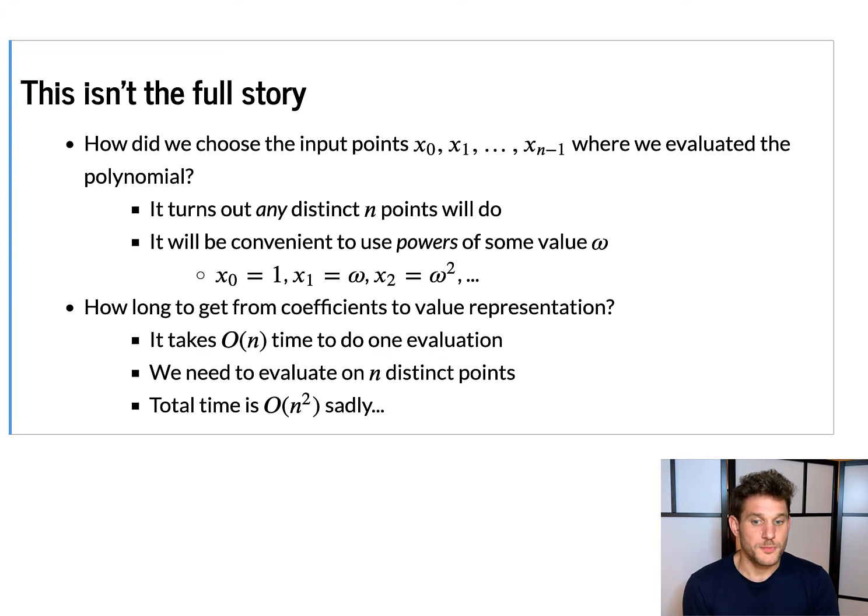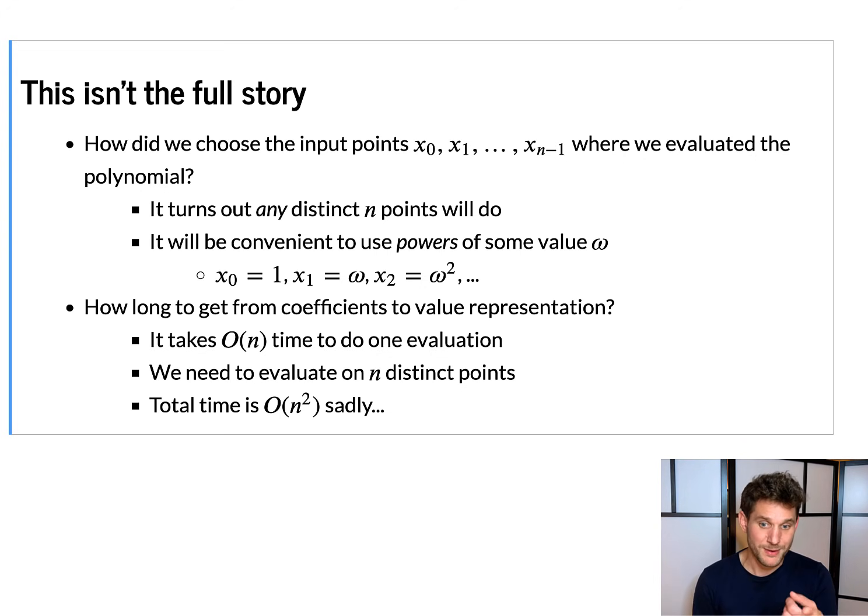So the hard question is, how hard was it to get from the coefficient representation of a polynomial to the value representation of the polynomial? Notice that it takes O of n time to do one polynomial evaluation, where we discussed that earlier. To evaluate the polynomial on just a single point requires O of n time.